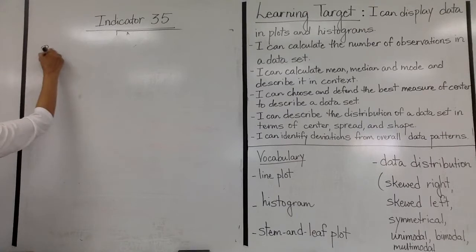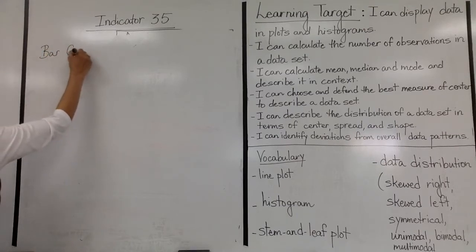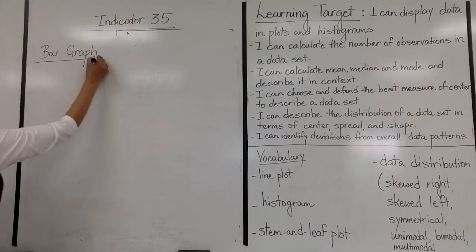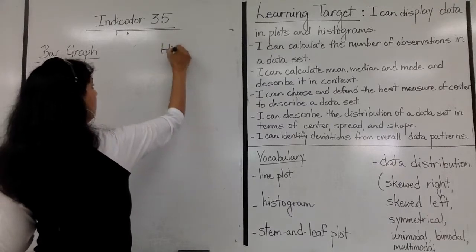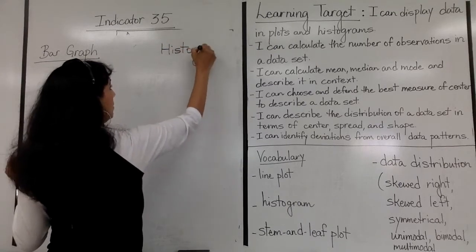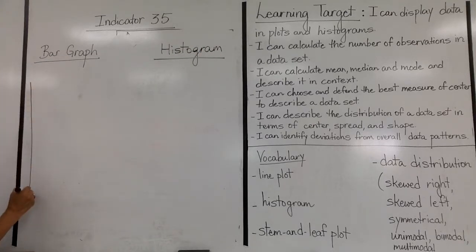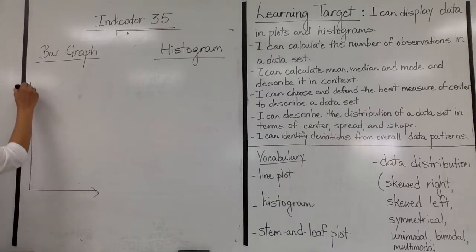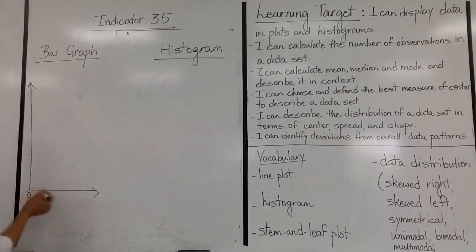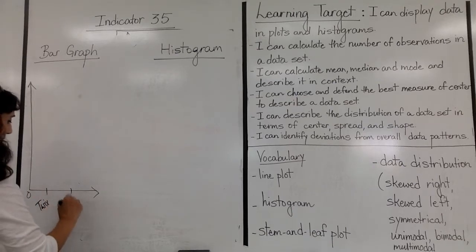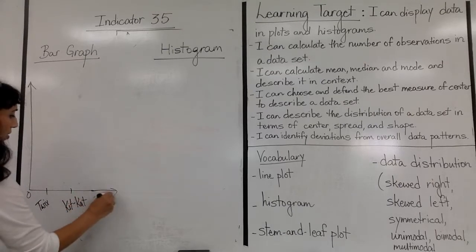Let me do one thing. I'm going to show you the difference between a bar graph and a histogram, so that you know the difference. Okay, a bar graph might be something like, let's say, I ask students in my class, what's your favorite candy out of, let's say, Twix, let's say Kit Kat, or let's say Hershey's.